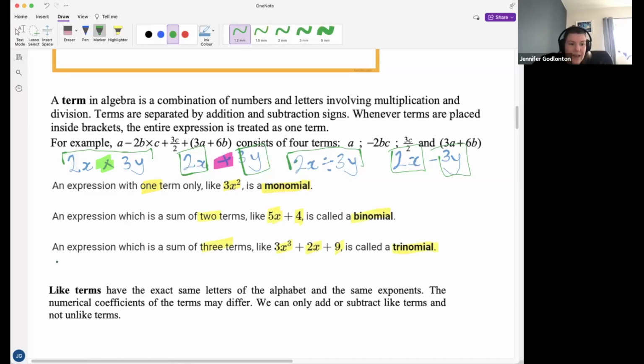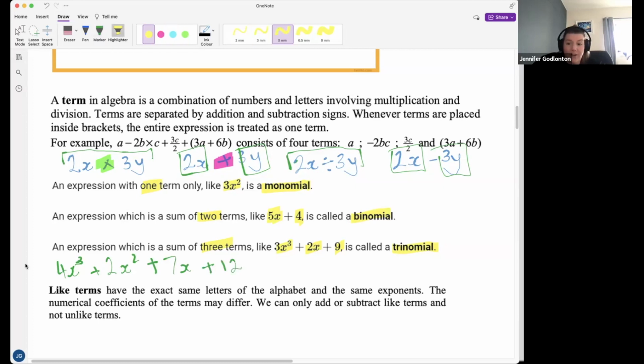So let's say I had 4x to the power of 3 plus 2x squared plus 7x plus 12. Okay, so now I've got 1, 2, 3, 4 terms. Does anyone feel brave and think they can tell me what it's called if we have more than 3 terms?